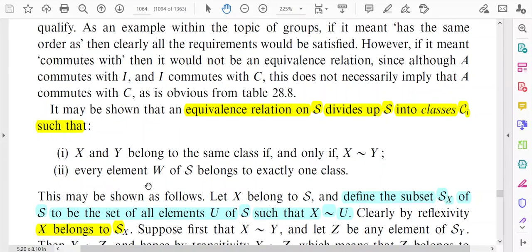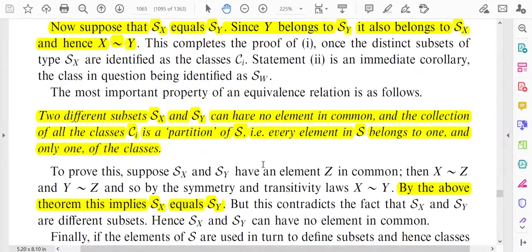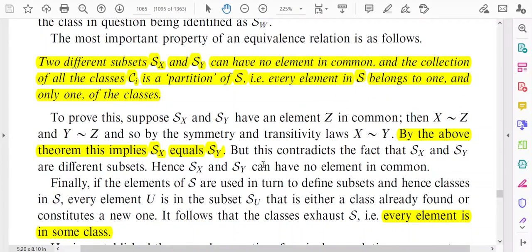And every element w of S belongs to exactly one class. S contains several elements, and w is any element, but every element w of S belongs to exactly one class. This is the major concept behind the equivalence relation and the classes.